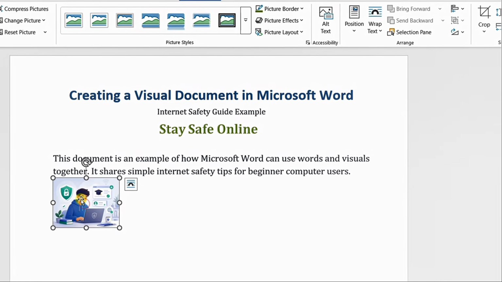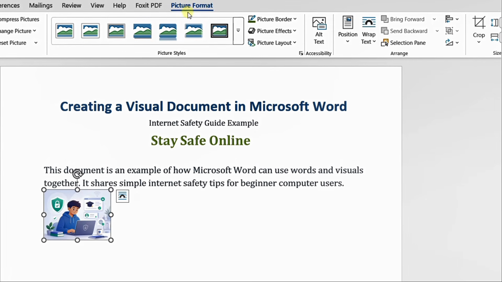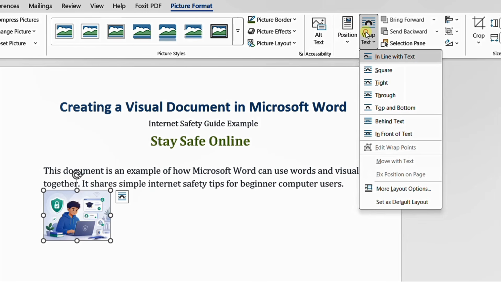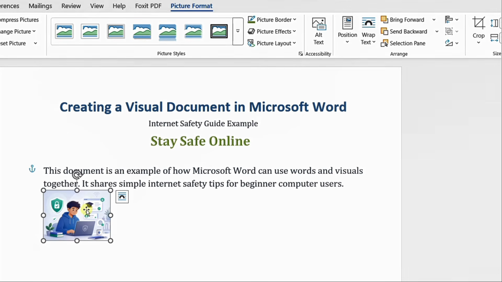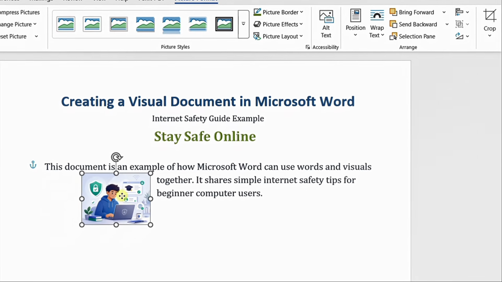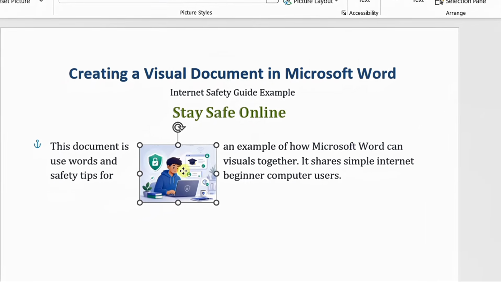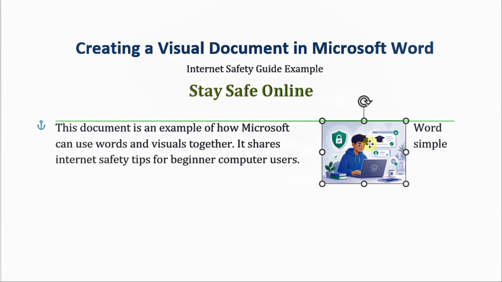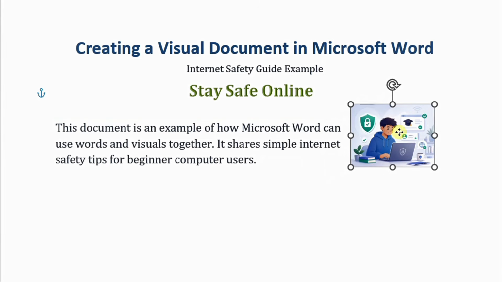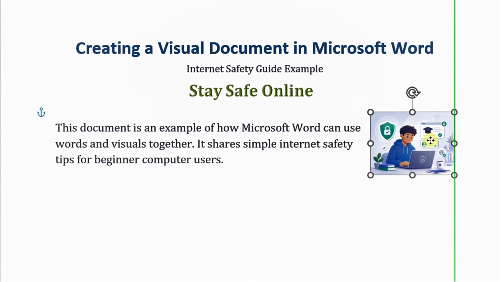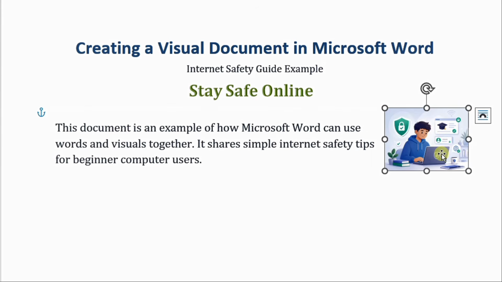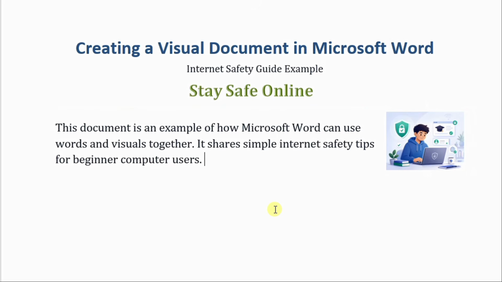So I click the picture. I go to Picture Format. I choose Wrap Text. And for this document, I will choose Square. Now I can move the picture more freely and the text can stay readable. You see? Now I will place the picture right here. Yeah, like that. All right.